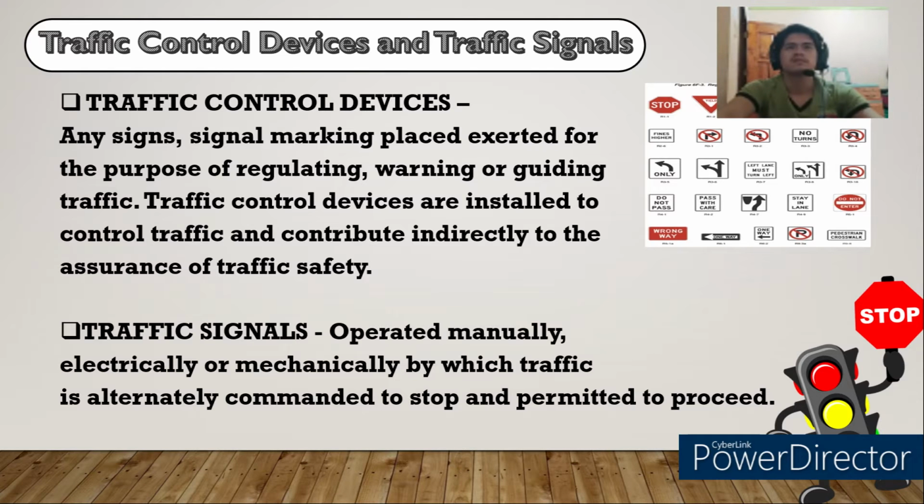It has a specific shape and design, and usually a symbol or words for the purpose of informing road users of applicable road conditions and instructions. So this is a traffic sign. If we see a no parking sign, that is one of the traffic control devices.